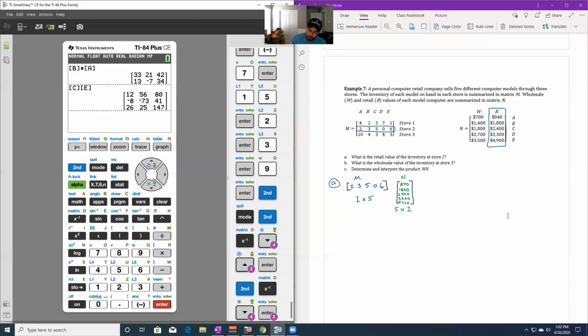This 5 and this 5 are equal, which means that the resulting matrix will be a 1 by 1. All right, and we can do this by hand. This is the easy one.